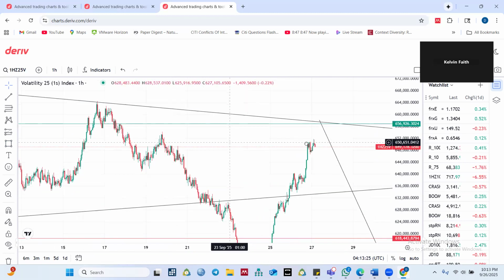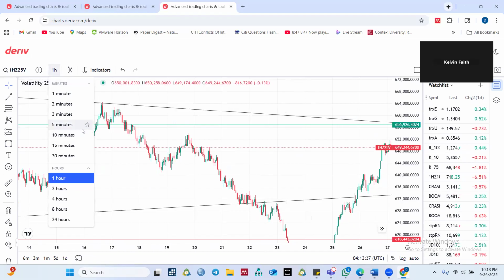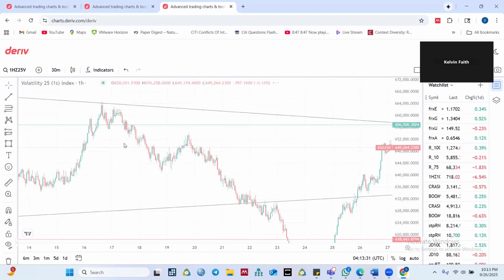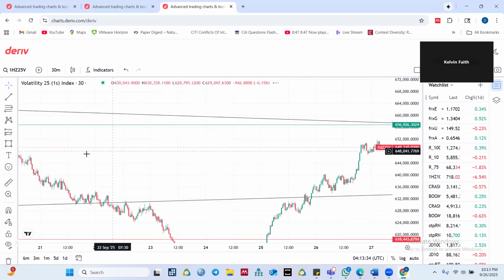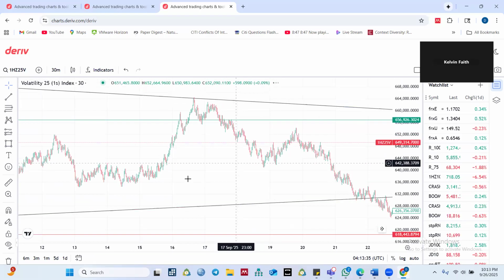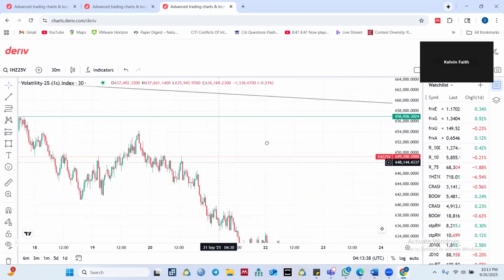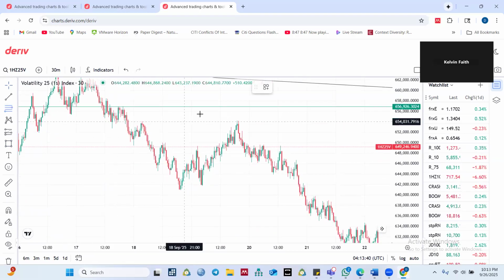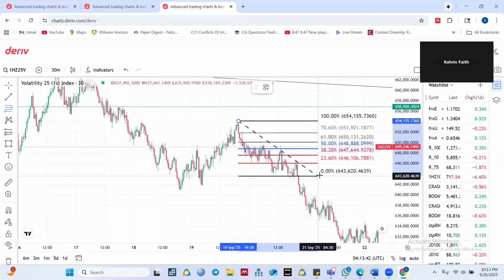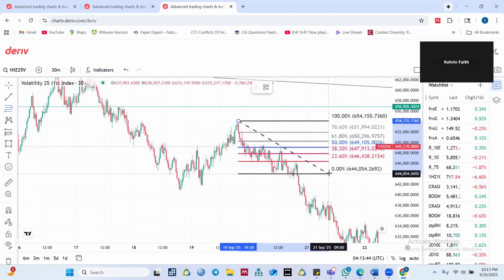The other thing is that, let me go back to 30 minutes. The other thing is that when we got a pullback to 50%, did it make any retracement before breaking out? Yes.